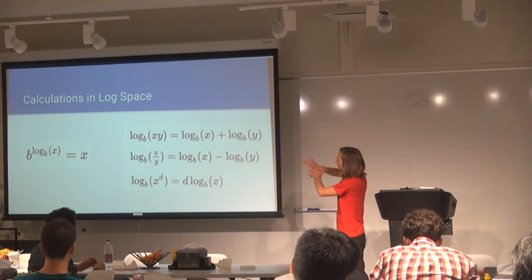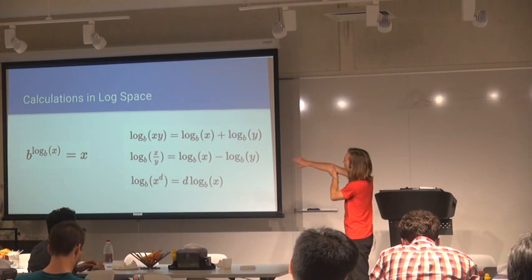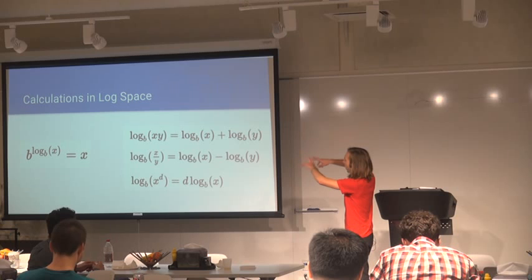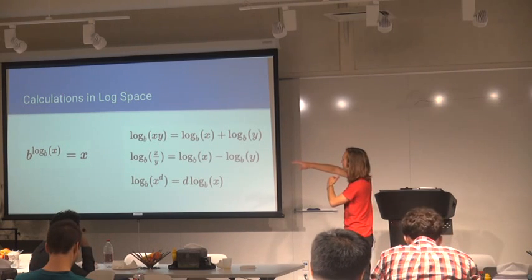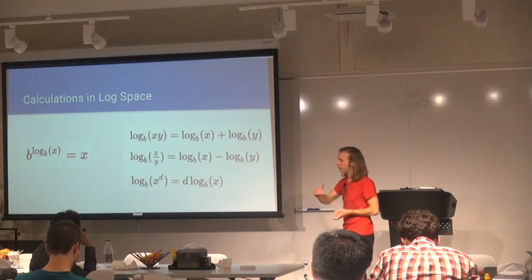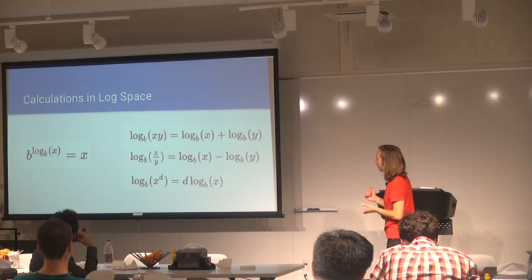to transform your function. You can see how on the left side you have multiplication, x times y. If you distribute that log out, it turns into addition. Similarly, division turns into subtraction. Exponentiation turns into multiplication. So the magnitude of all your operations decreases.